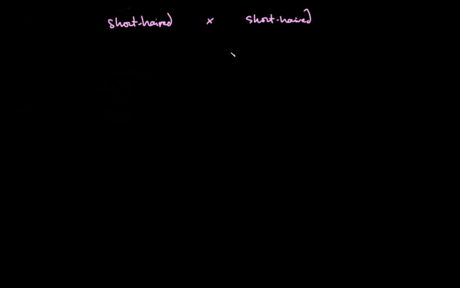And their offspring have different mixes, right? So we end up with, let's say, one of them is short-haired. We've got a second one that's short-haired. And we've got a third one that's long-haired.